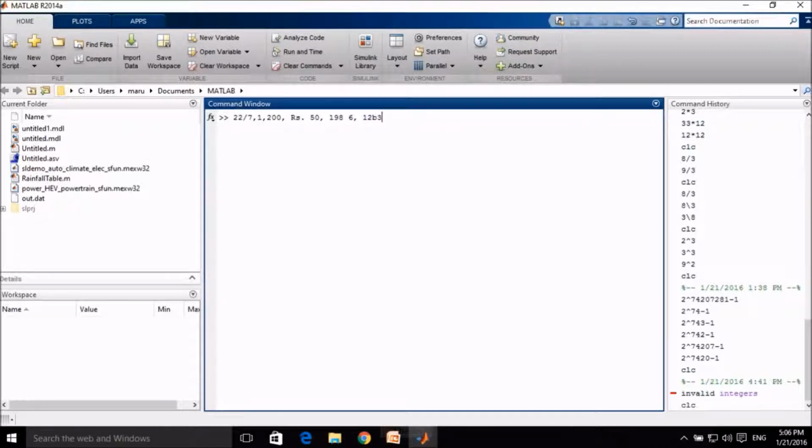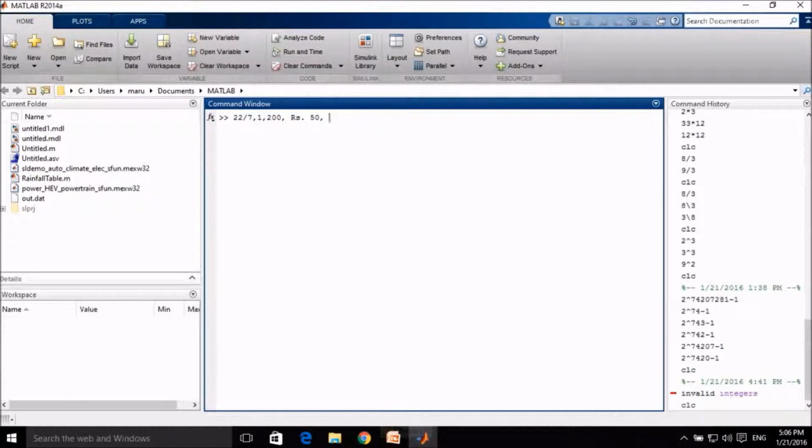By giving these we can get invalid variables. You have to note this down: the use of space, comma, and characters is not allowed within MATLAB, that too for integer numbers.